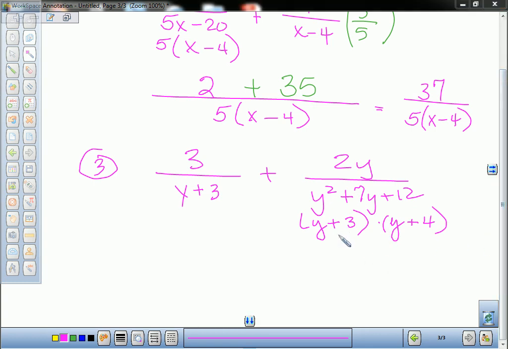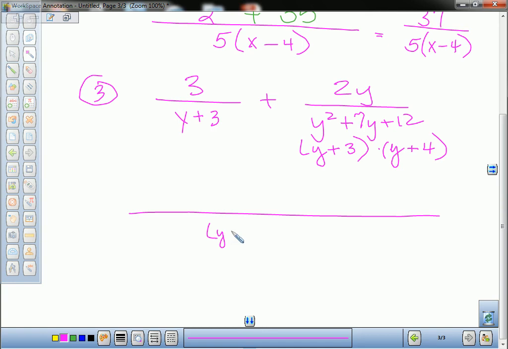Okay, so did yours factor to y plus 3 times y plus 4? All right, what's the common denominator? Y plus 3 times y plus 4. All right, does the first expression need to be multiplied by anything? Yes, what is that? Y plus 4.